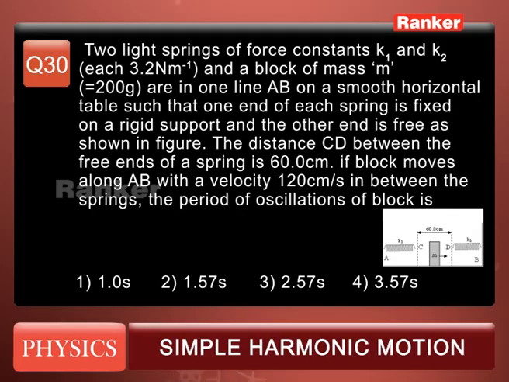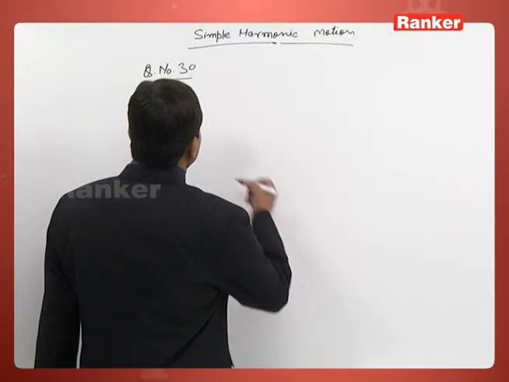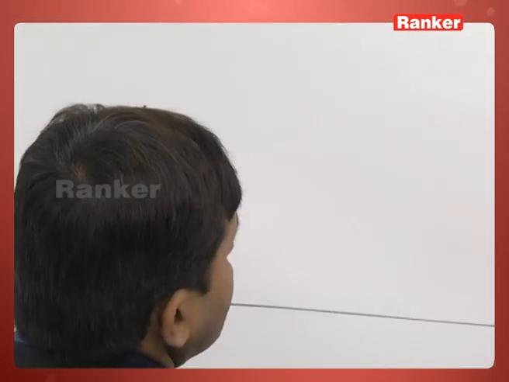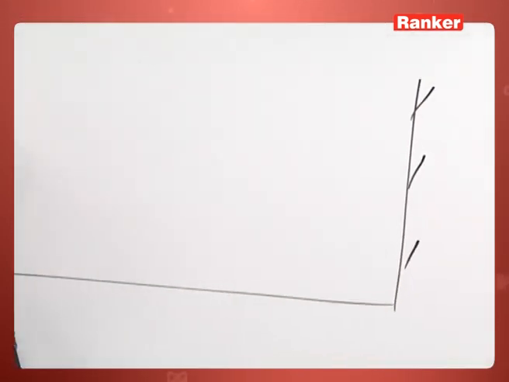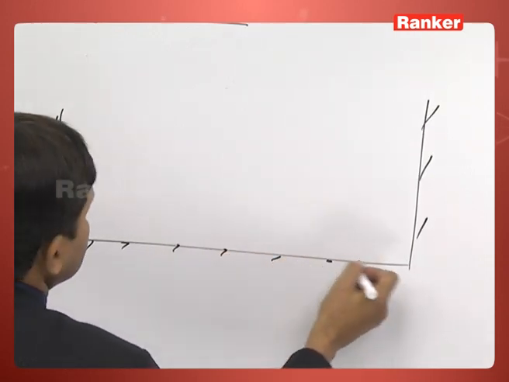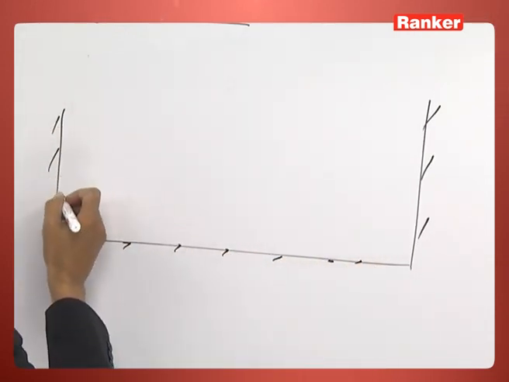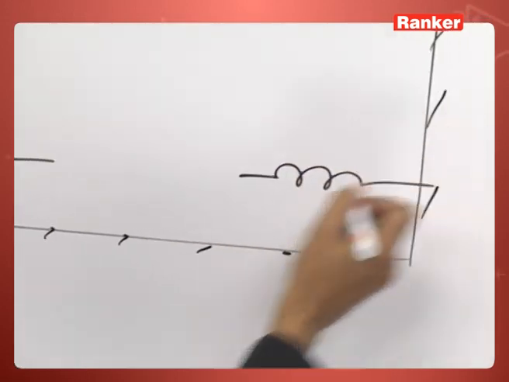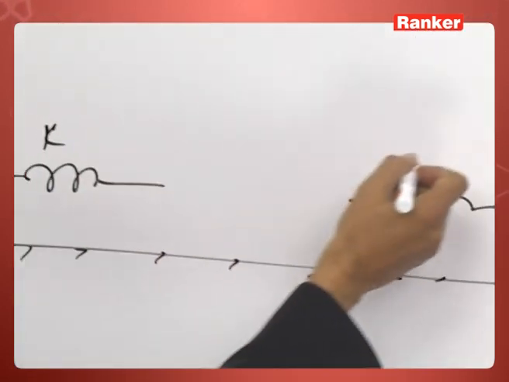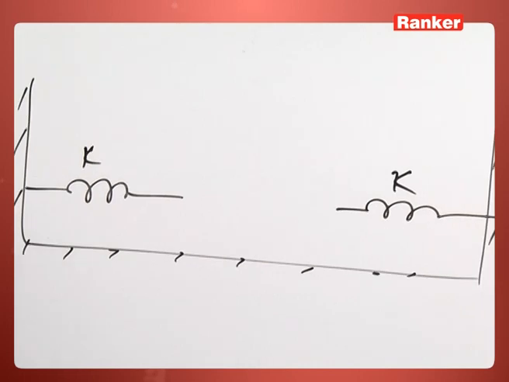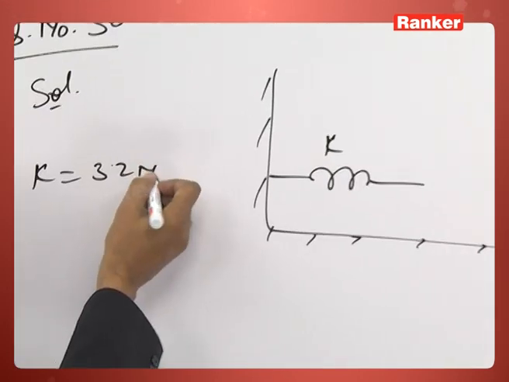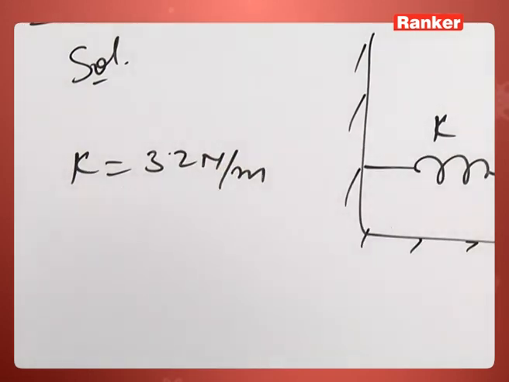See, as per the question here, this is the wall or rigid support, and there are two springs here. One is this, another is this, both having the same force constant K. Directly we can say K is 3.2 Newton per meter, it is given.